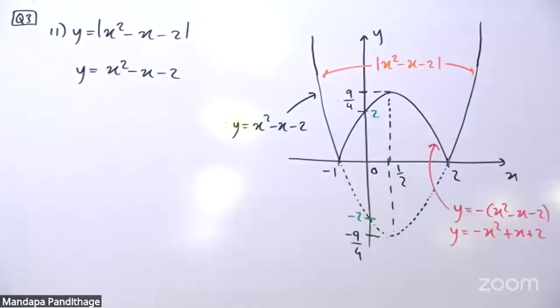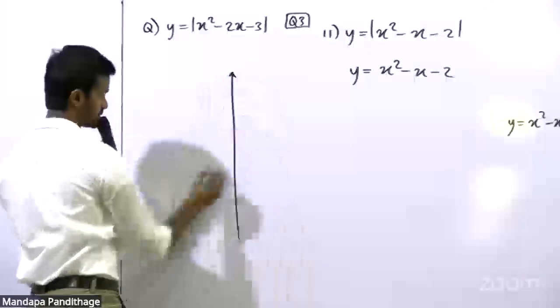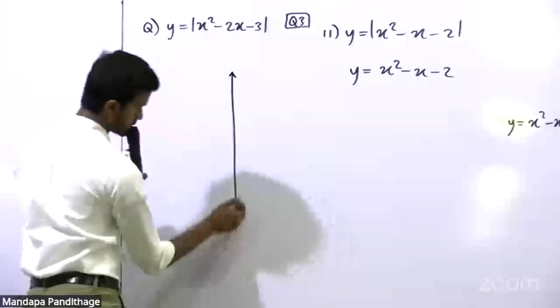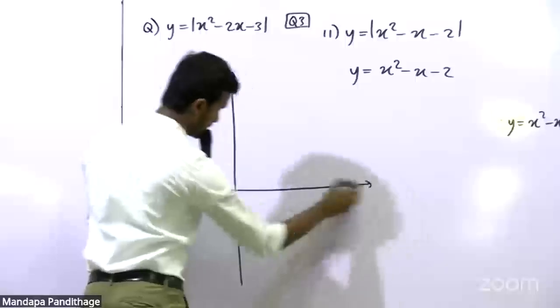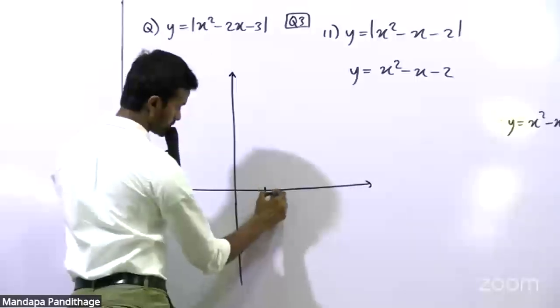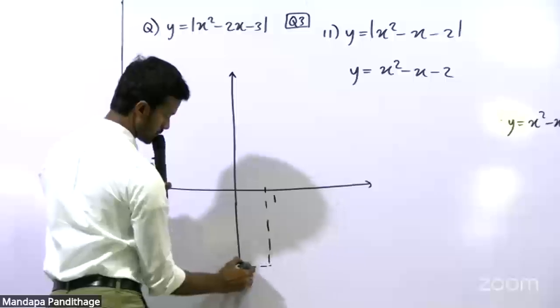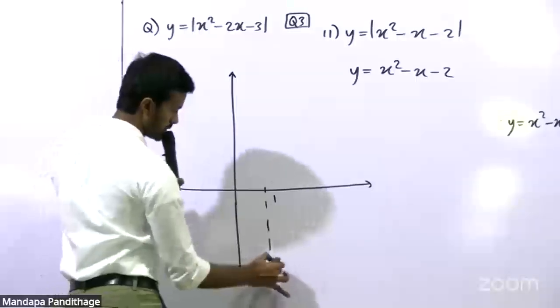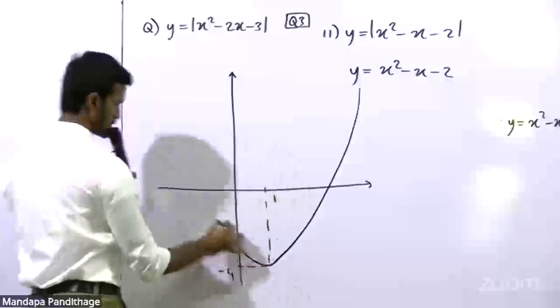Okay. So when you're sketching the graph of y equals x squared minus 2x minus 3, I'll use what we got before. The symmetrical axis was 1 and the minimum was minus 4.